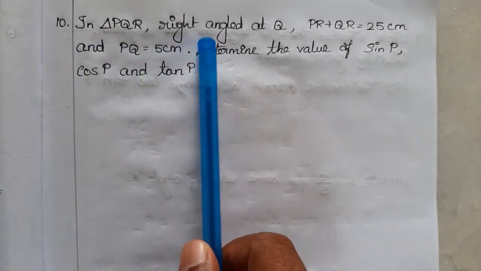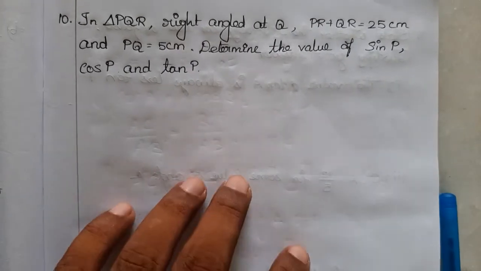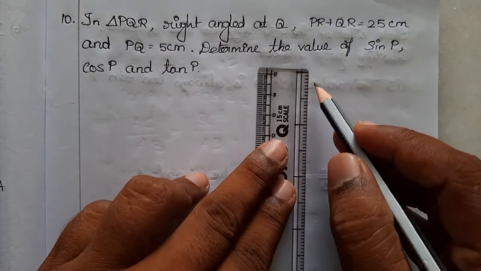So here we go for the next problem. Triangle PQR, right angled at Q. PR plus QR is equal to 25 centimeter and PQ is equal to 5 centimeter.